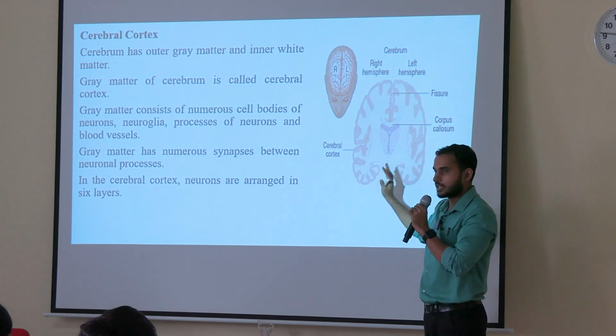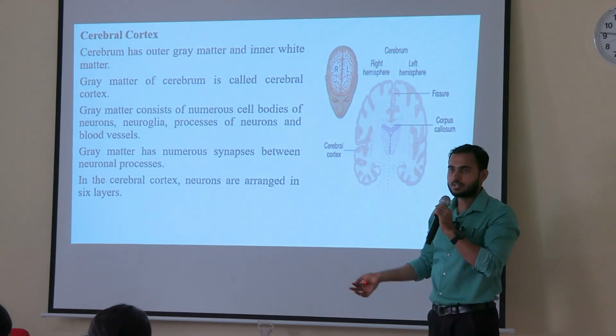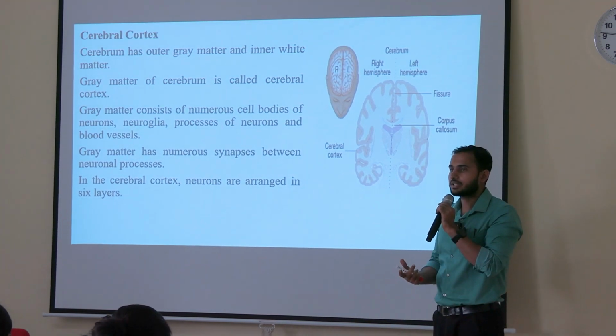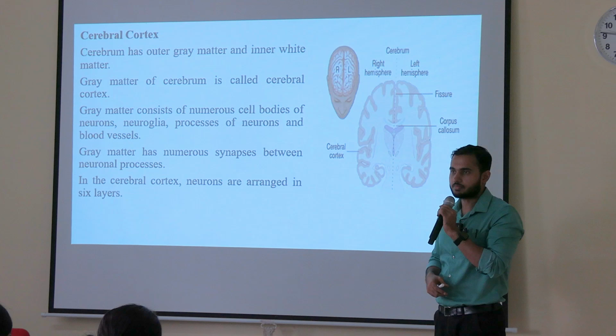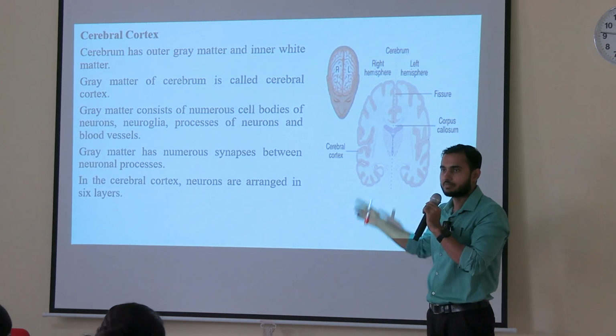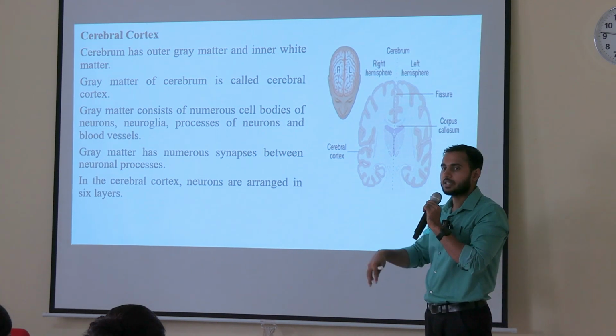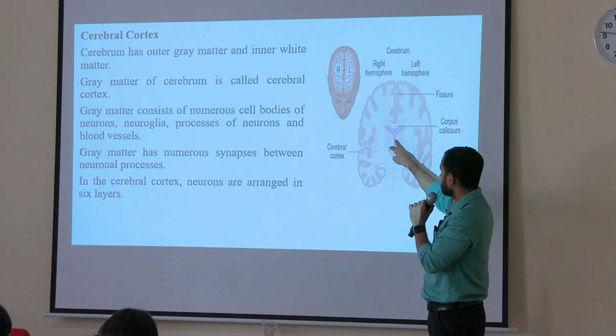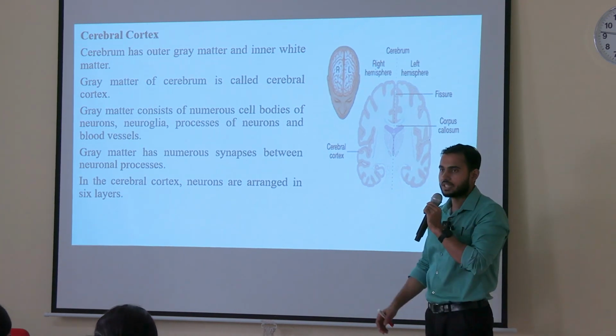So in case of cerebrum, the outer part is made up of cerebral cortex. What is present in the cerebral cortex? Gray matter is present in the cerebral cortex. And the central part is made up of white matter, where the fibers are present. Deep to the white matter, you can see some masses of gray matter are also placed.